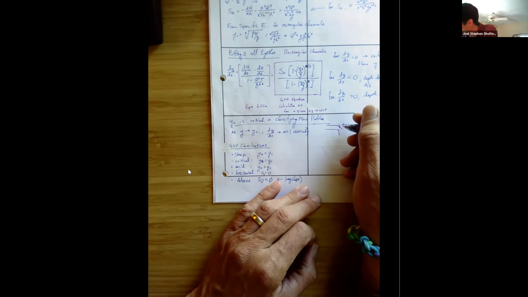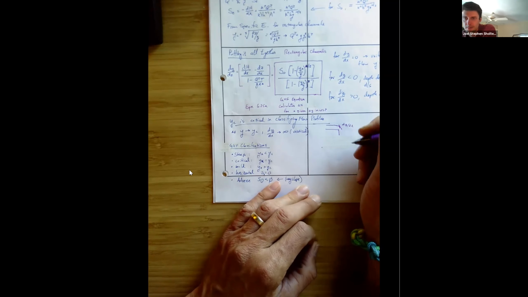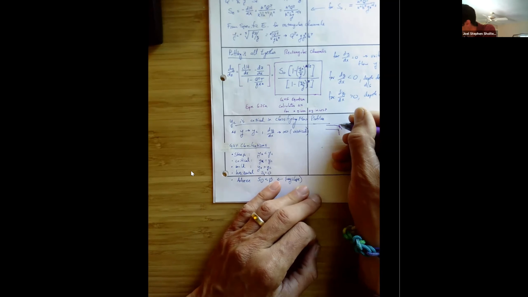So for a vertical line, that slope is infinite. So you end up getting a vertical line because of this drop off. So this equation is actually valid. You just approach infinity, and so you basically say, okay, at some point I'm at critical depth. This equation blows up if it actually is critical depth.